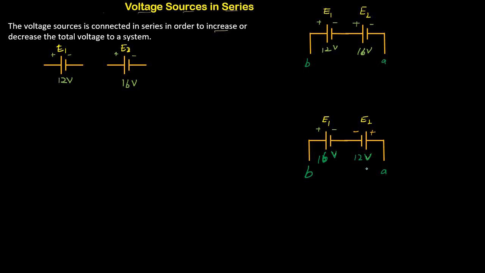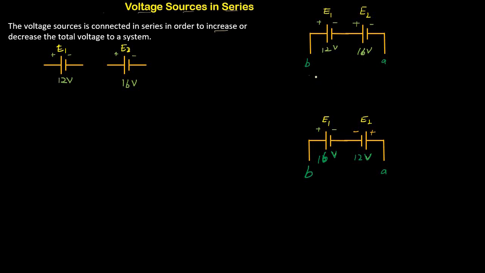Now for this case, if we assume the direction of the current from A towards B, the current for E2 is entering at the positive side and leaving at the negative side, but for E1 the current is entering at the negative side and leaving the positive side, so both sources are connected with opposite polarities. For this case, the total potential difference across points A and B would be decreased.